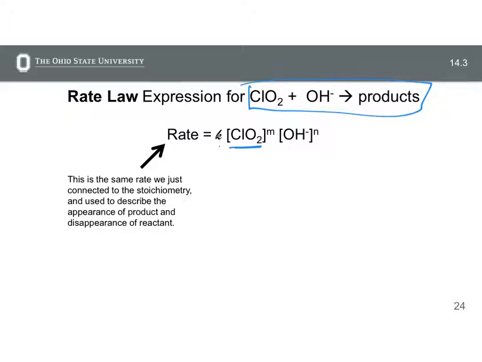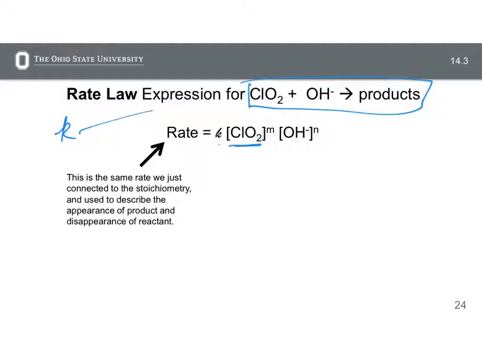I've been trying in these slides to use cursive k for our rate constant. When we get to chapters 14, 15, 16, we're going to see a different K. It's an uppercase K. Everything in this semester is a K value, I swear. So trying to be clear here, lowercase cursive k is a rate constant.